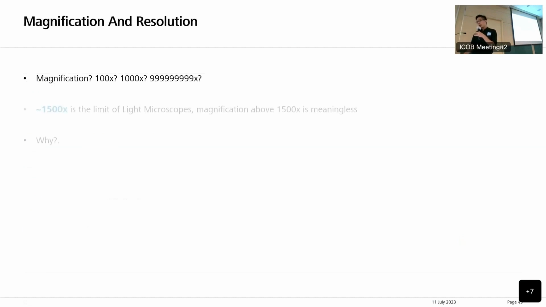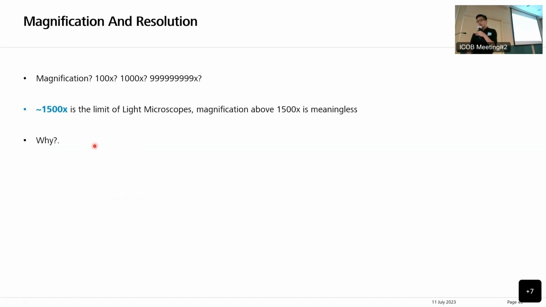But actually, there are limitations on the magnification. So no matter how expensive a microscope you use, you have the same limitation, which is around 1,500x.